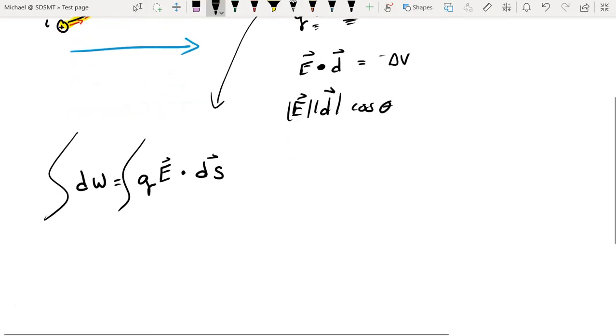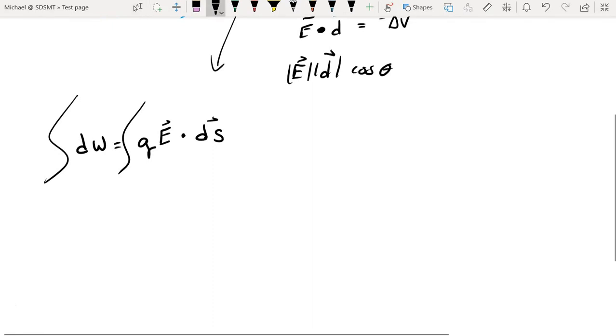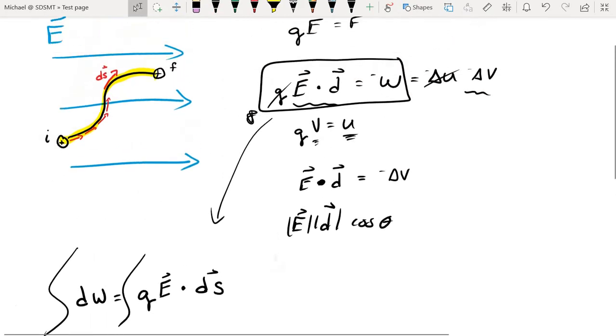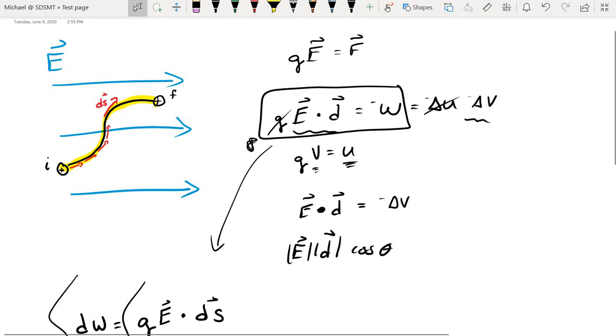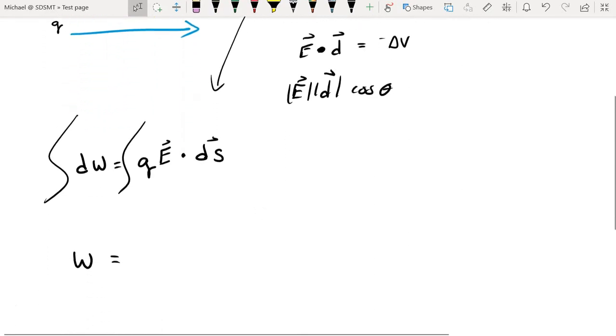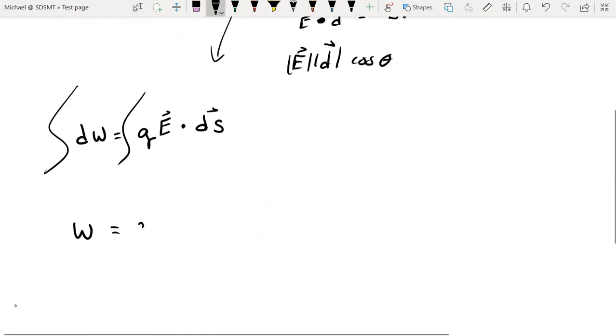The integral of the left-hand side, we're just adding up all the work that's done, so that will become W. On the right-hand side, the charge that we're moving through space, we want that charge to maintain its value. So that charge is uniform.